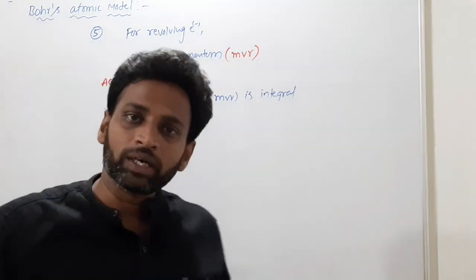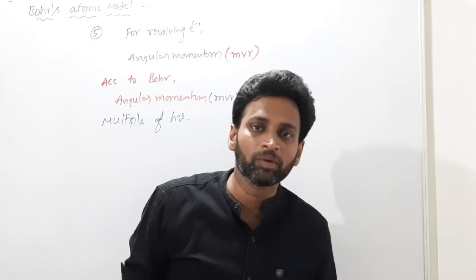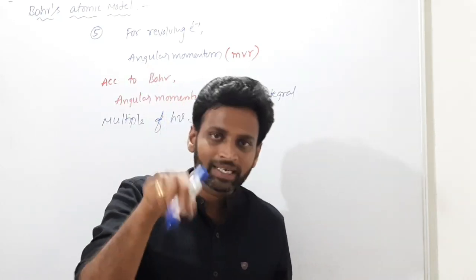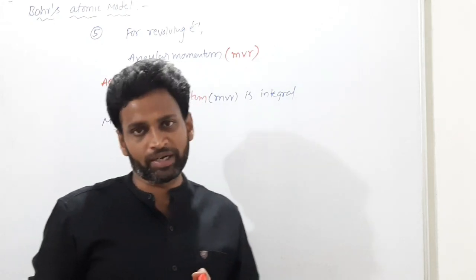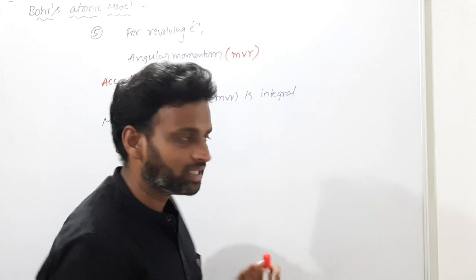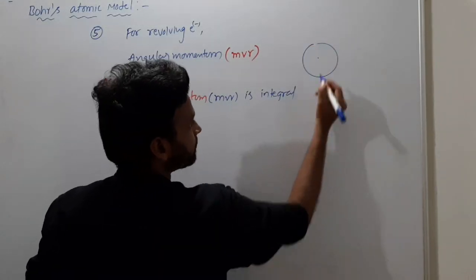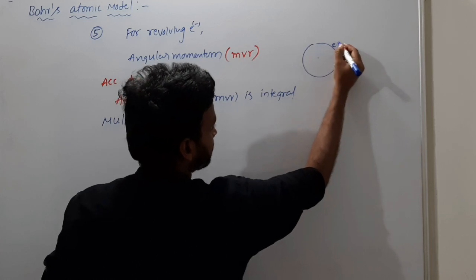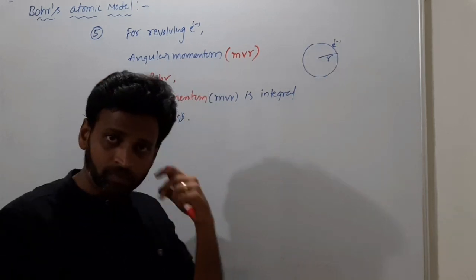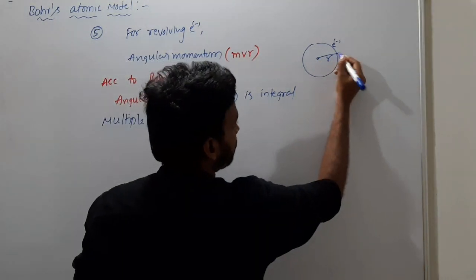For a revolving electron, what is angular momentum? Momentum means mass into velocity. For a circular path, you will have angular momentum. The electron is revolving in a circular orbit that has a radius. Suppose the electron is here, and from here to here, this is called the radius, from the nucleus to the outermost shell.